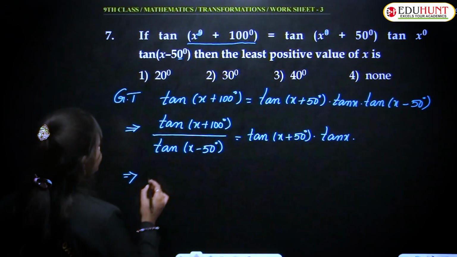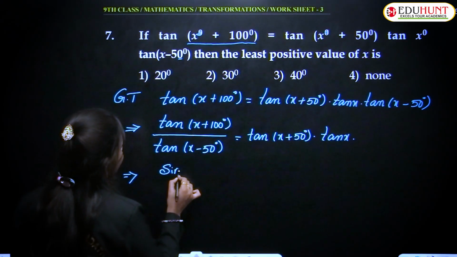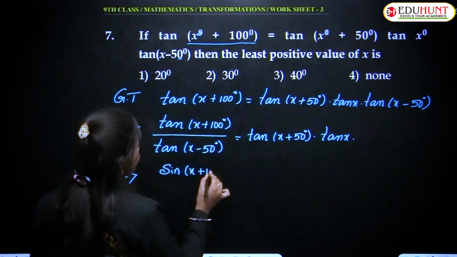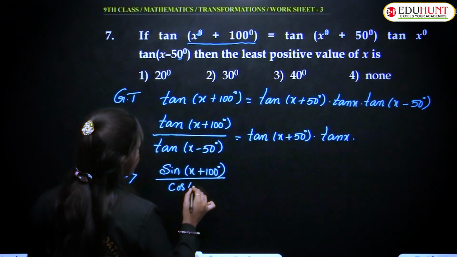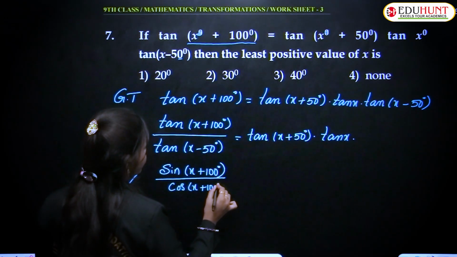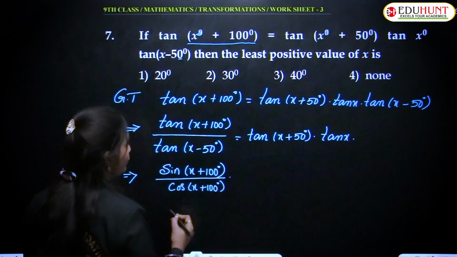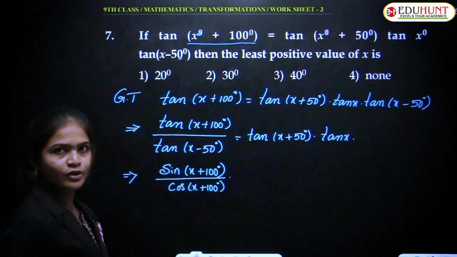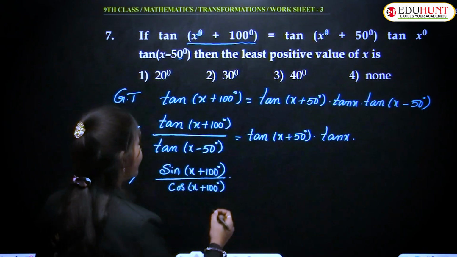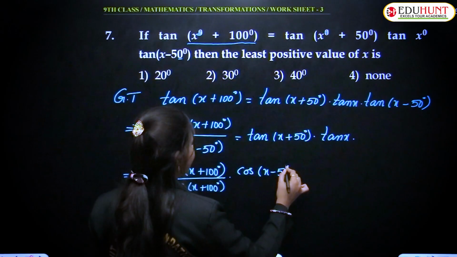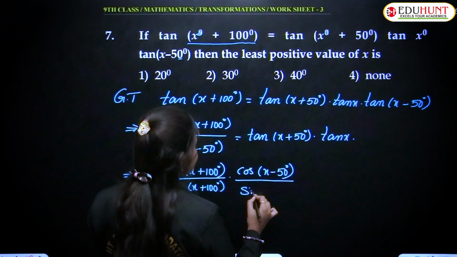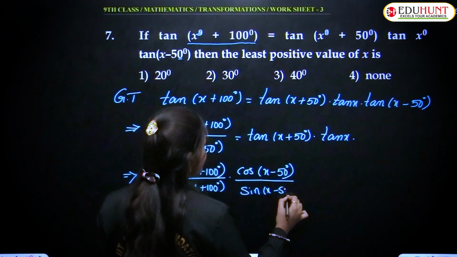So in terms of sine we can write this as sin of x plus 100 by cos of x plus 100, into, again sin by cos, so the reciprocal we can write, no? So cos of x minus 50 degrees by sin of x minus 50. Shall we write like this?